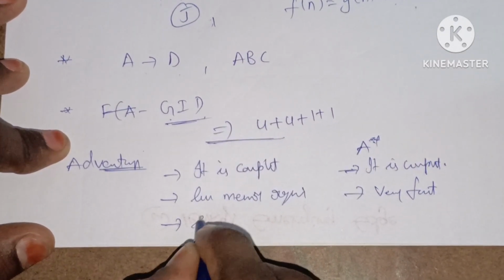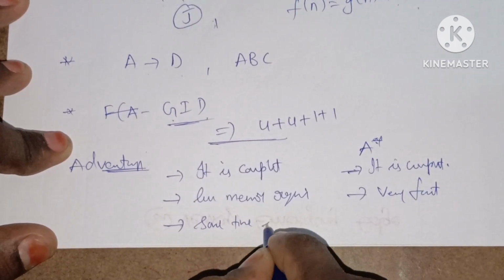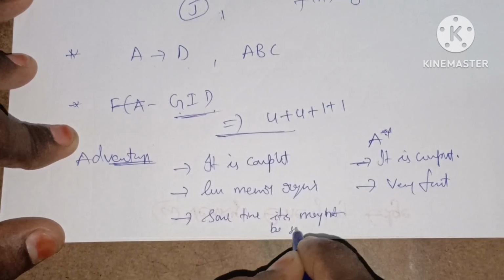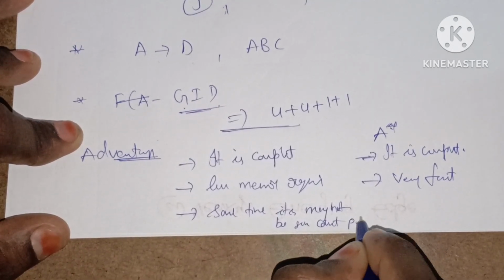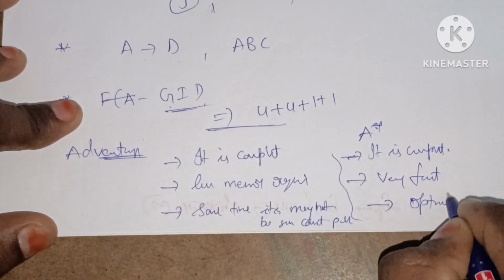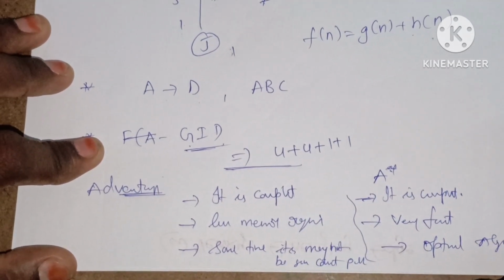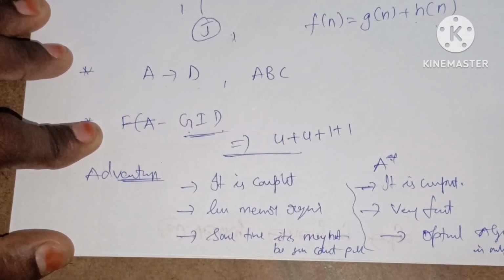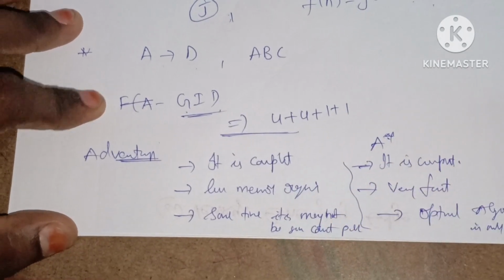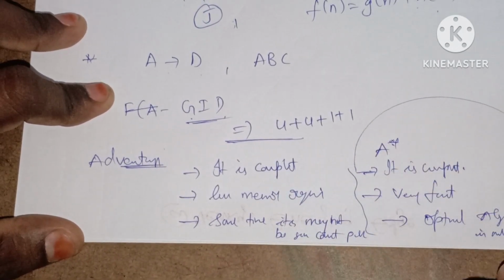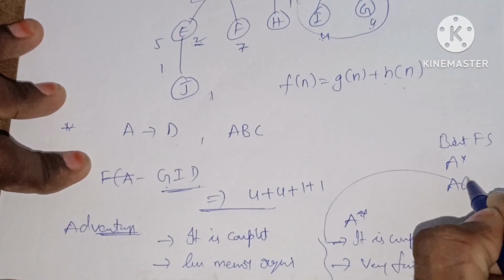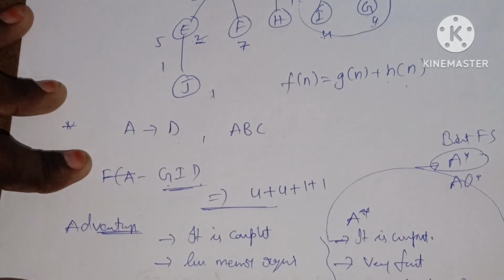Sometimes it may not even find the correct path, but the A star algorithm is the optimal algorithm among informed searches. Why? Because an informed searching algorithm guarantees a solution but not an optimal solution. But compared among informed searching algorithms, best first search, A star and AO star, A star is the optimal searching algorithm.